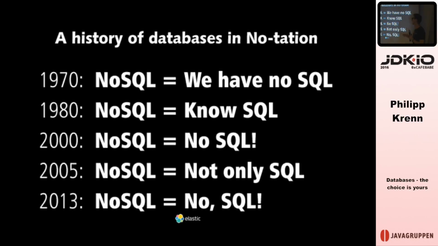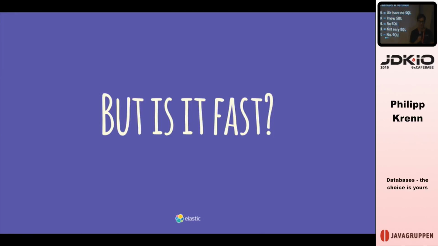Then in 2005, it was not, okay, not only SQL, we had these SQL interfaces, but we have no SQL databases, and it's kind of getting all together. And then at some point, maybe that happened or didn't happen, depending on your point of view, people actually said, no, this whole NoSQL thing is crap. We should go back to SQL because actually this is what most applications really need and want.